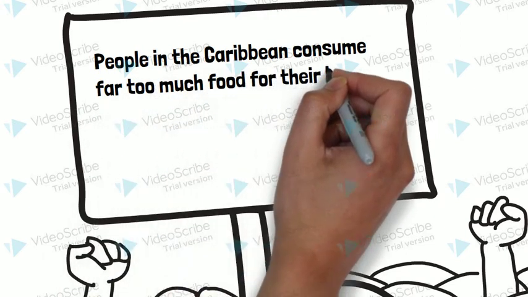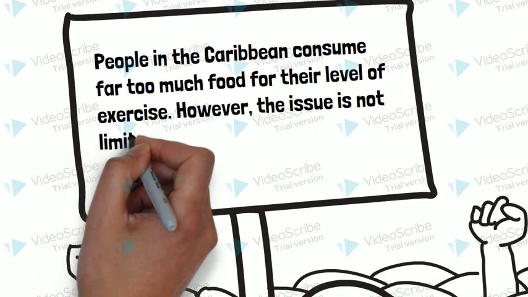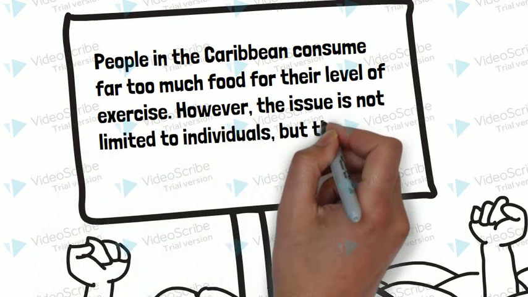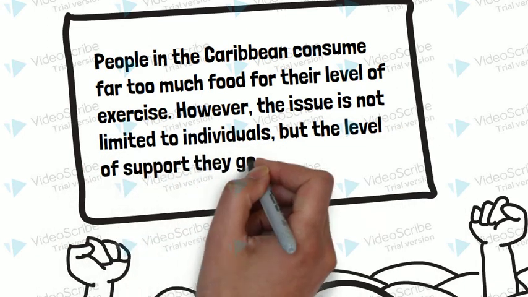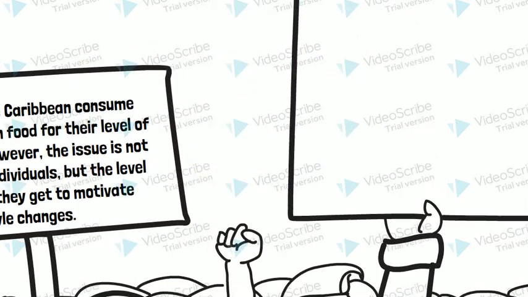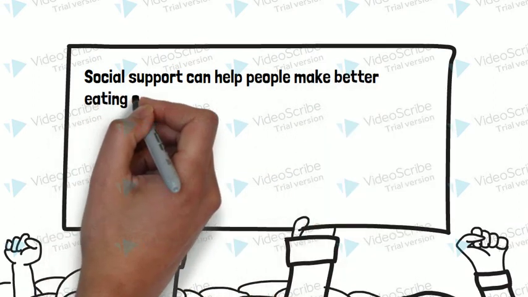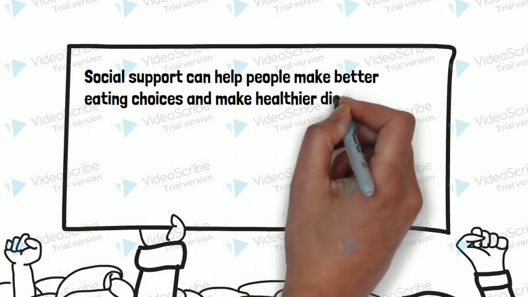However, the issue is not limited to the individuals, but the level of support they get to motivate their lifestyles and their lifestyle changes. Social supports can help people to make better eating choices and make healthier dietary changes.